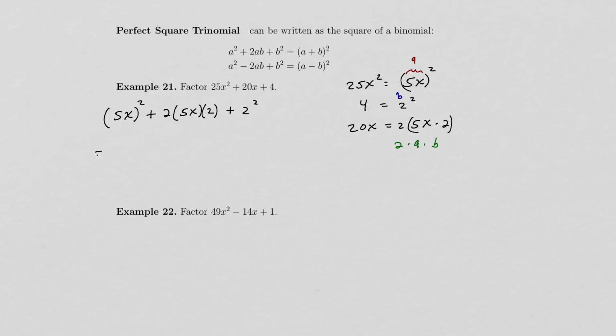And we know that it's going to factor into A plus B times itself, which we can just write as squared.